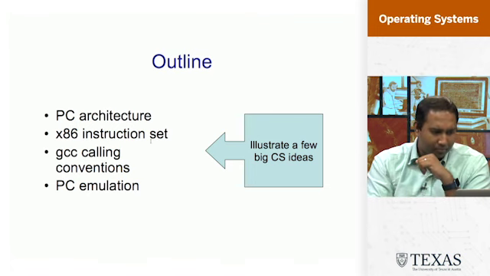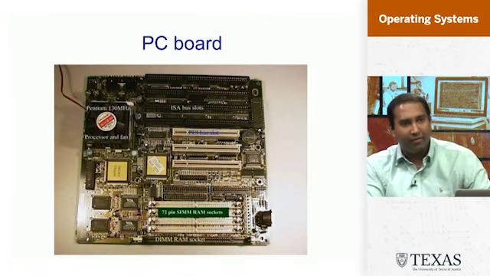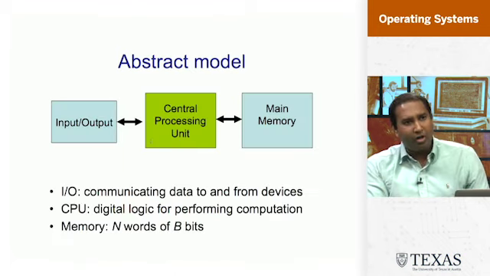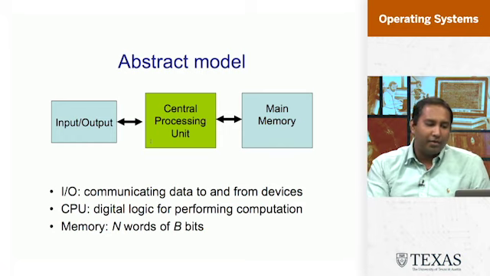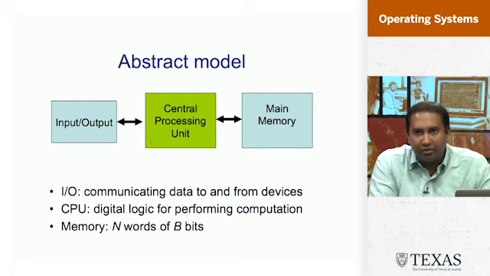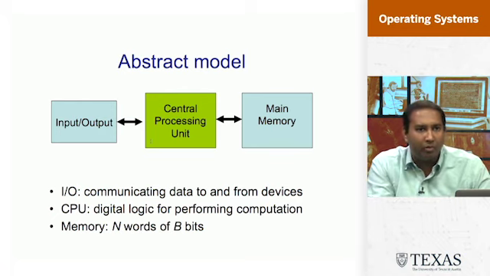Okay. So here's another picture of an x86 board, and broadly, this is the way to think about this. You have a central processing unit, in other words a CPU, which is actually doing all your computation for you.